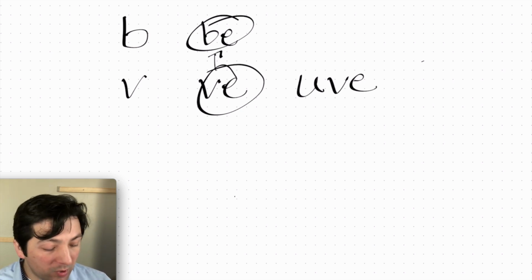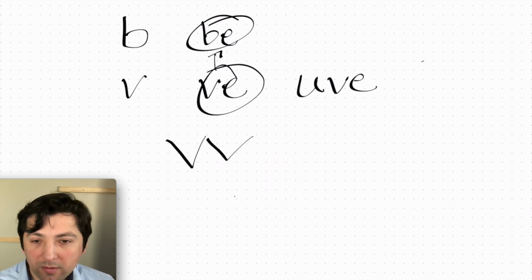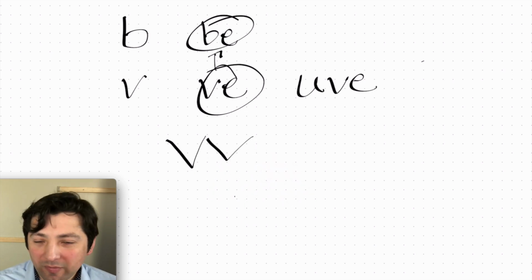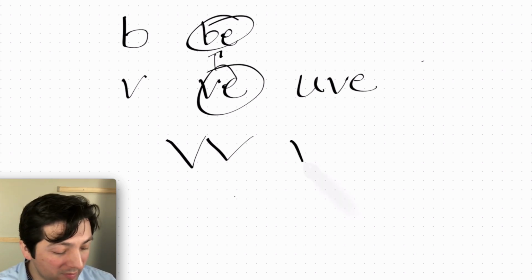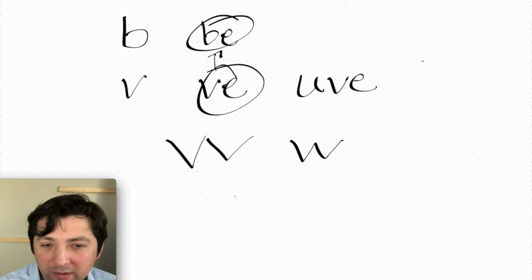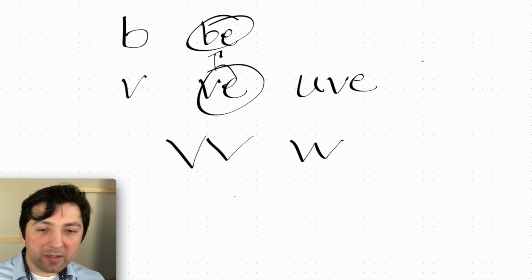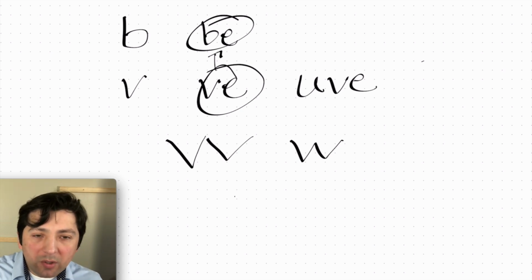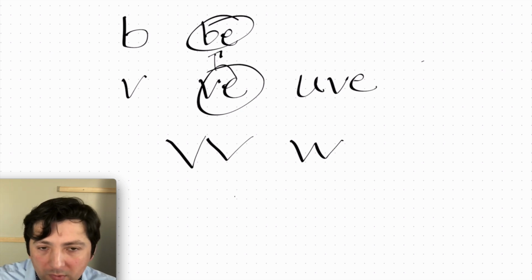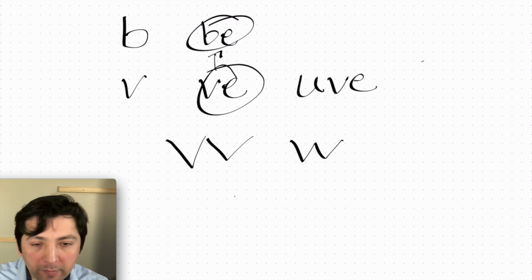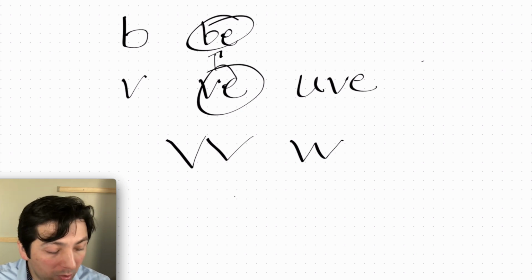Now, the next one is that one, a double V or a double U. Why? Because it's literally composed of two V's or two U's. That's the reason why. So you might hear W, W, or W, double V, or you might hear WV.